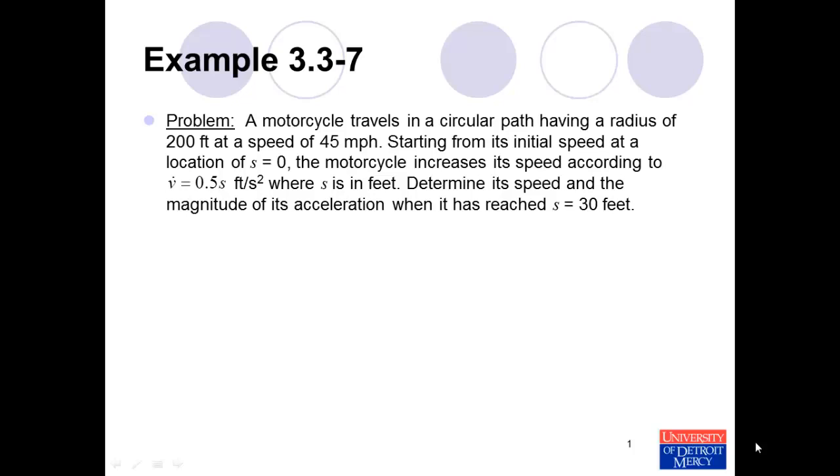So the first step in solving any problem is to read the problem statement maybe multiple times in order to really understand what's happening. It may be helpful to draw a picture to help in this process. So in this case, we know that the motorcycle travels in a circular path.